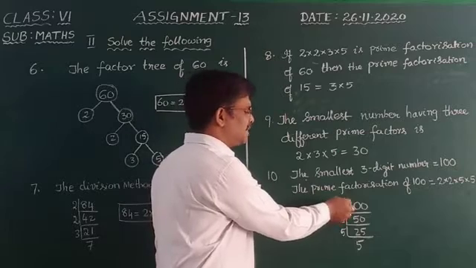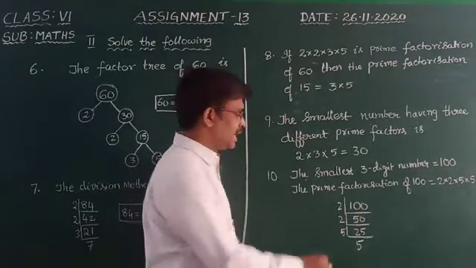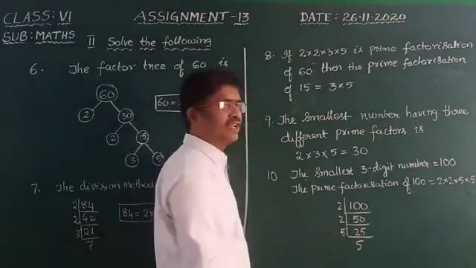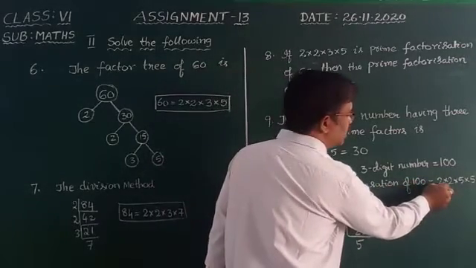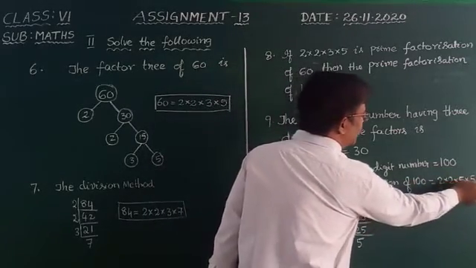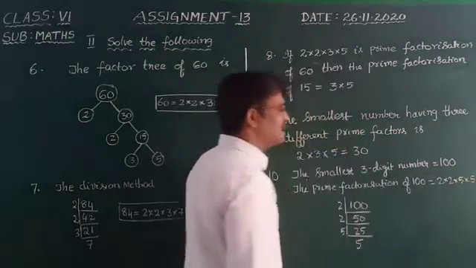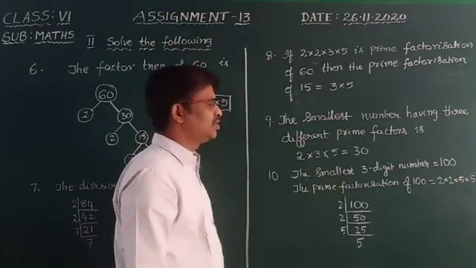We are taking the division method. 2 50s are 100. Again 2 25s are 50. Again 5 5s are 25. Now the prime factorization of 100 equals 2 into 2 into 5 into 5. 2 2s are 4, 4 5s are 20, 20 5s are 100. So the prime factorization of 100 is 2 into 2 into 5 into 5.